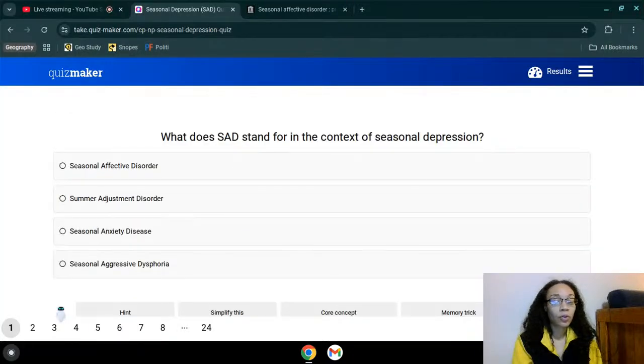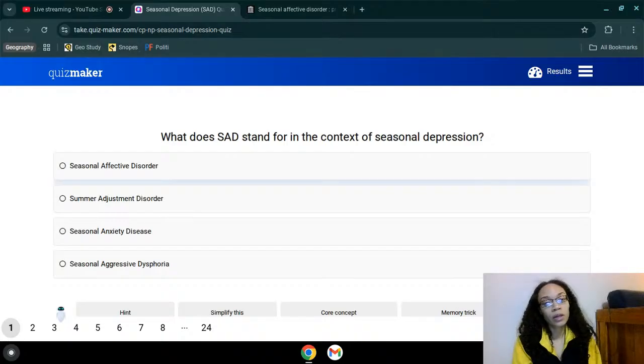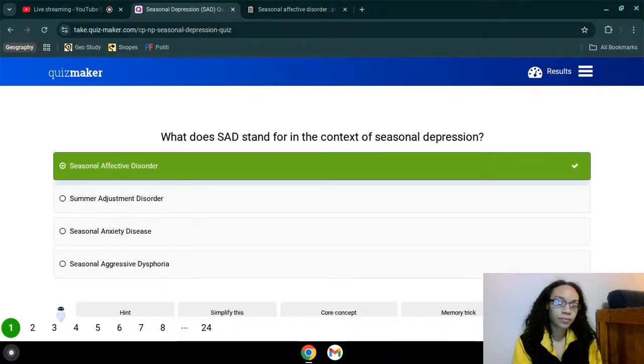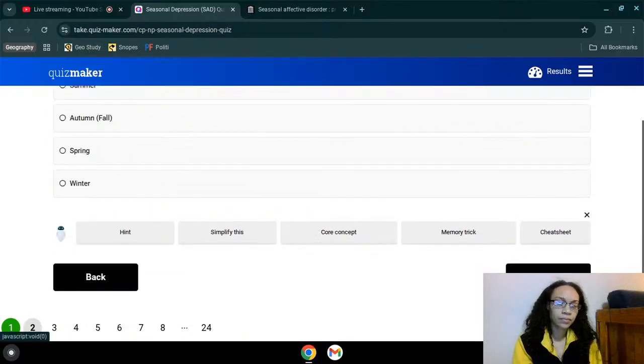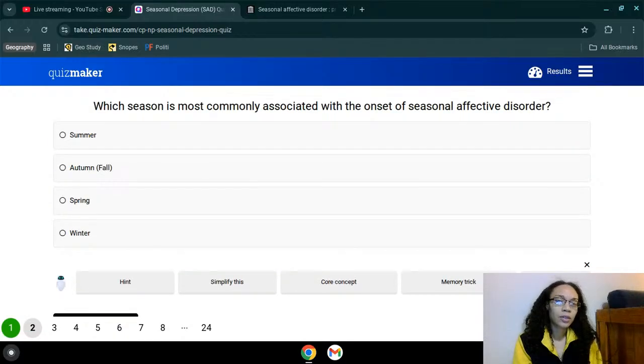What does SAD stand for in the context of seasonal depression? Seasonal affective disorder. Which season is most commonly associated with the onset of seasonal affective disorder?